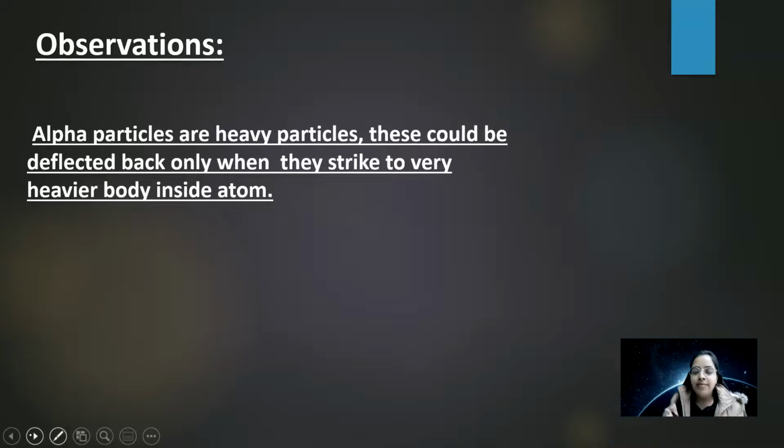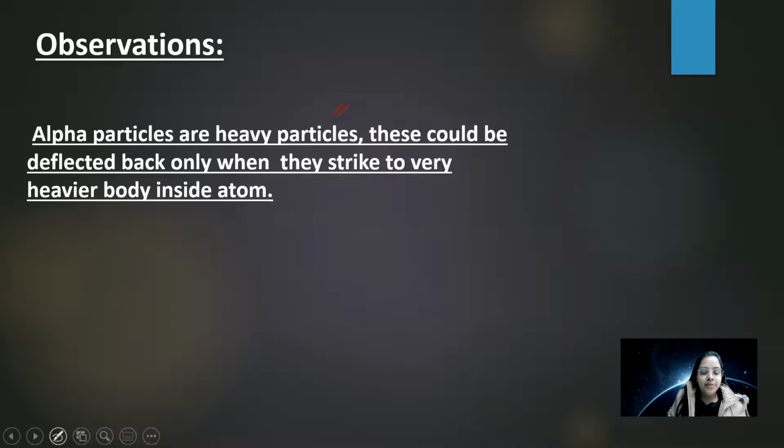Alpha particles are heavy particles, right? They have a 4-unit charge. That means they are very heavy. These could be deflected back only when they strike a much heavier body inside the atom, right?